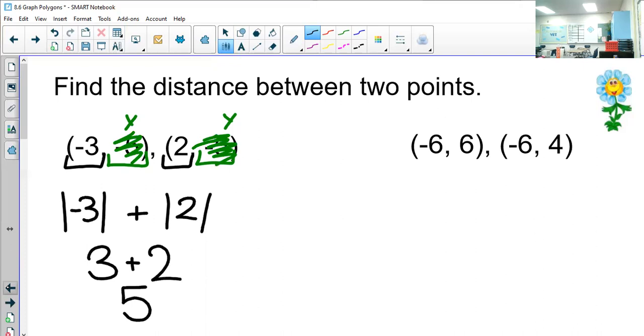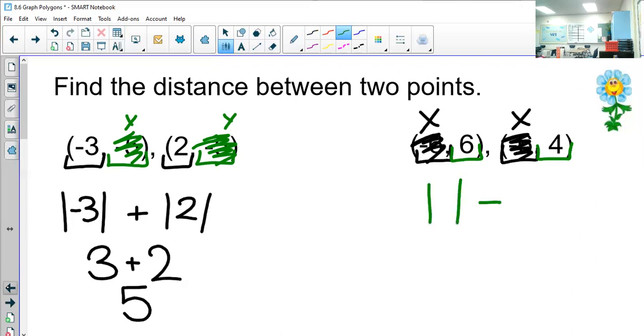Now I've got -6 in my x spot and 6 and 4 in the y spot. What do I have that's similar? Well, this time my x is the same, so I don't need to worry about the -6s. But what you do need to pay attention to is that if your x values are the same, then we subtract the absolute values.